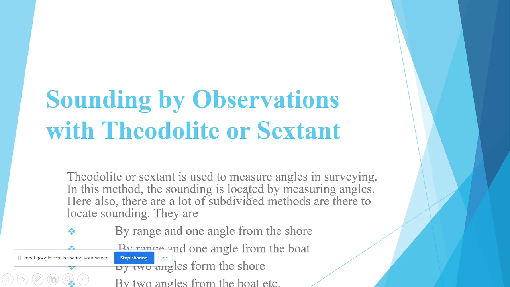Let's look at the second method, that is observation with theodolite or sextant. The theodolite is used to measure angles in surveying, and the sounding is located by measuring angles. Here also there are a lot of subdivided methods to locate sounding.